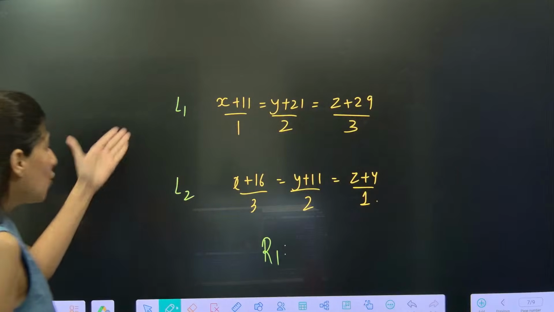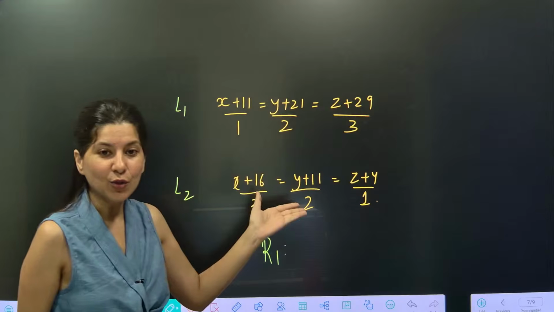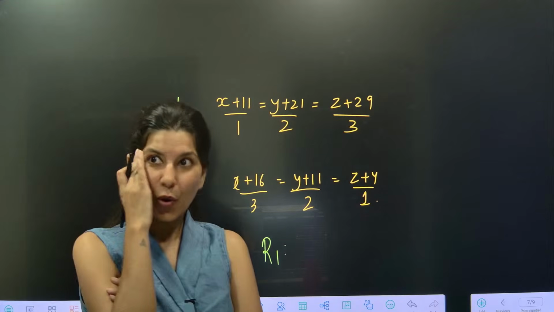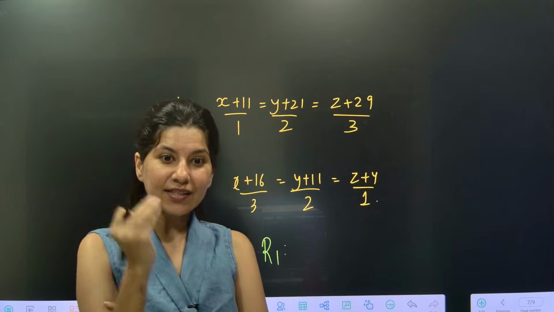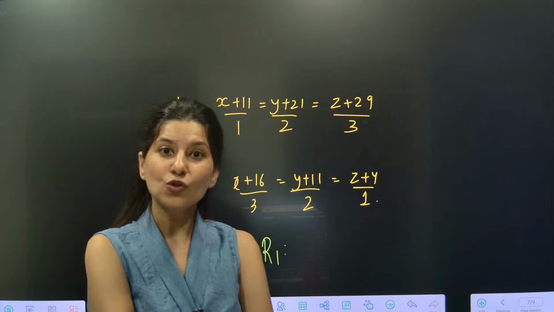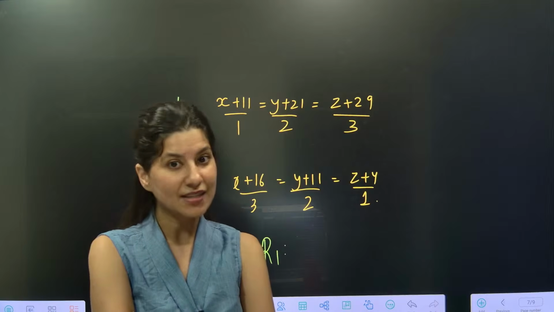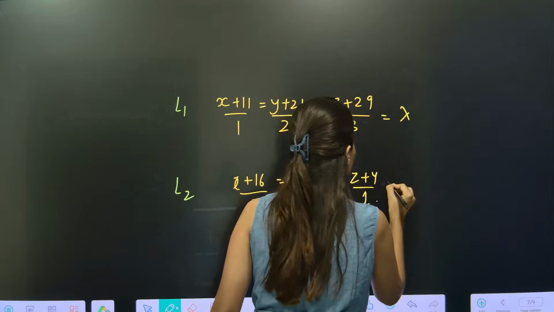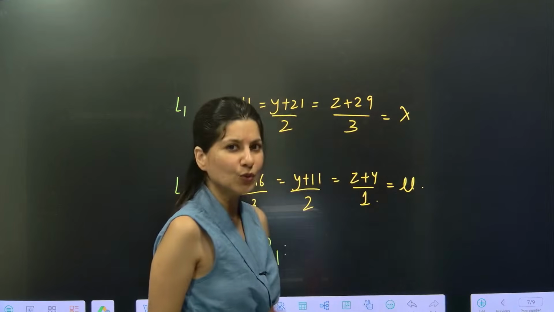Now, the moment you see this L1 and L2, you will realize, oh my God, are we going to calculate the point of intersection? It is definitely going to take so much of our time. This is time consuming. So let's trust the process and try to do something.